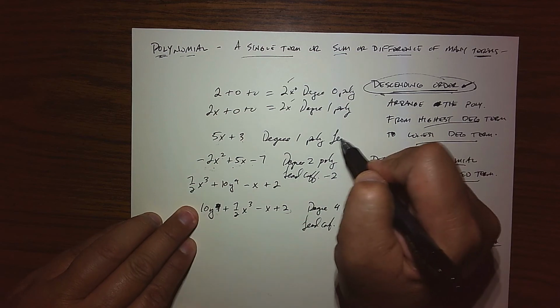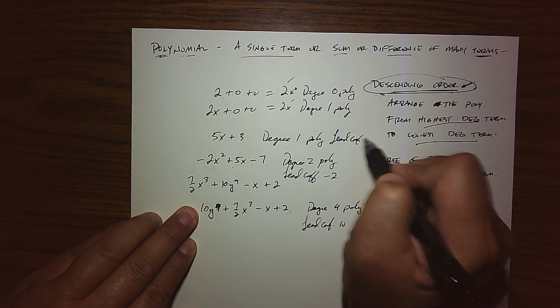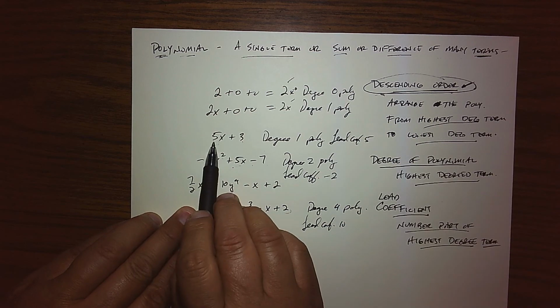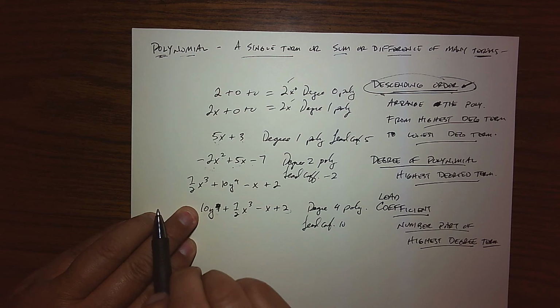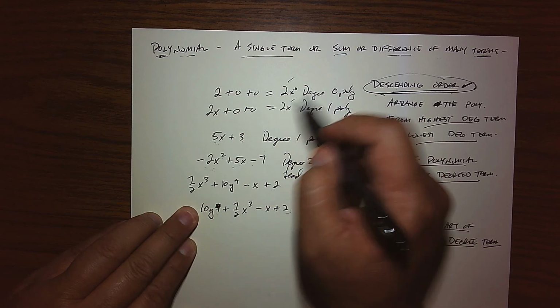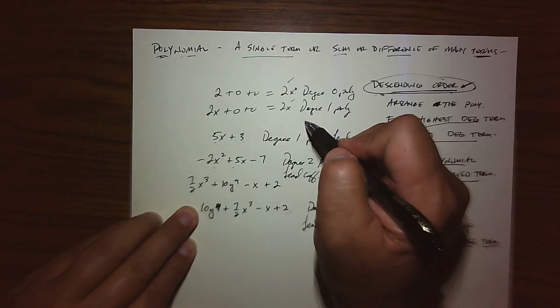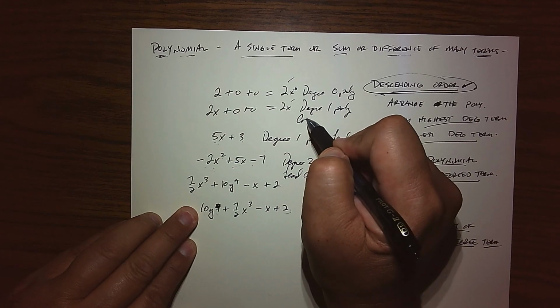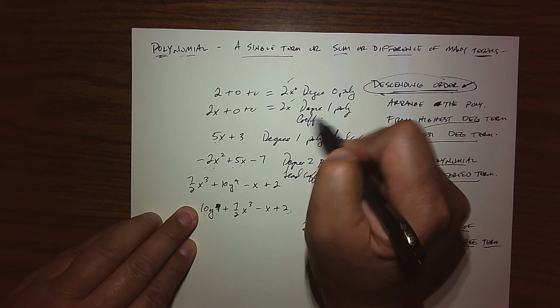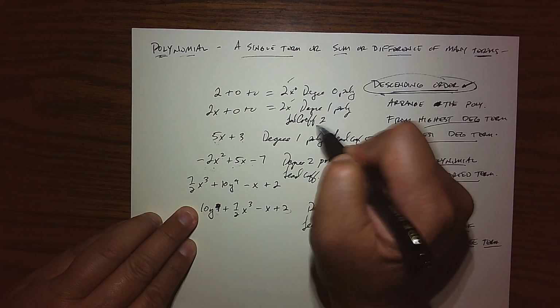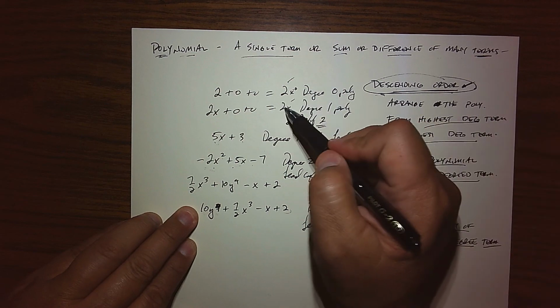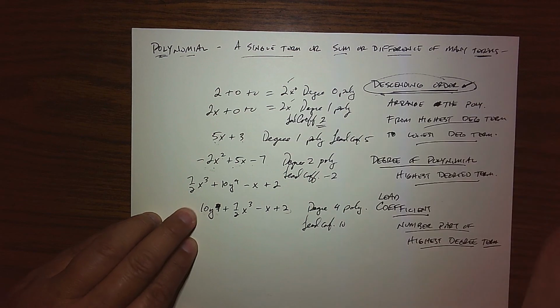This is a lead coefficient of 5, because here's the highest degree term and the coefficient is 5. These guys right here, there's only one term, so I'll just cut to the chase, the lead coefficient is 2, because it's really the only coefficient that I have since it's a 1 degree.